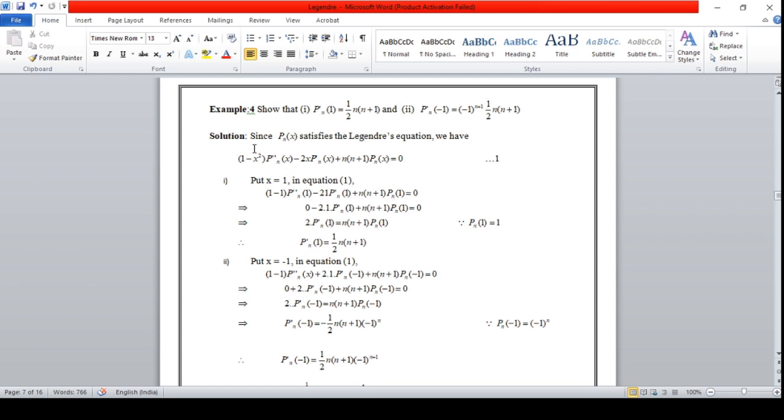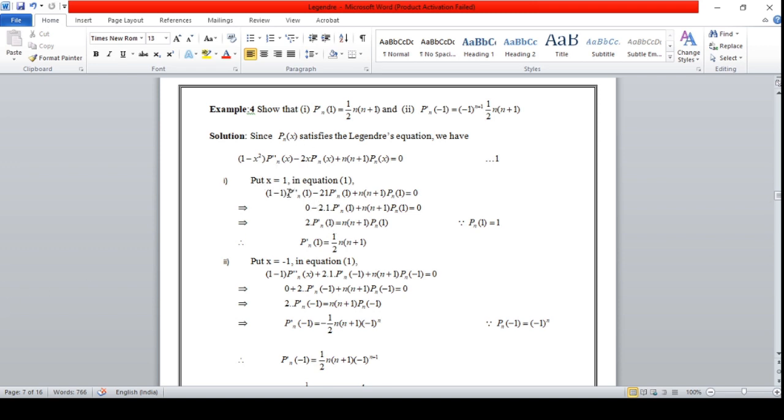Solution: since Pn(x) satisfies the Legendre equation, 1 minus x square into P double dash n(x) minus 2x P dash n(x) plus n into n plus 1 Pn(x) is equal to 0. Put x is equal to 1.